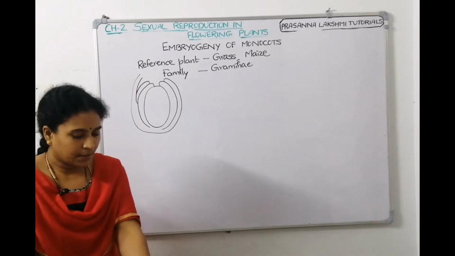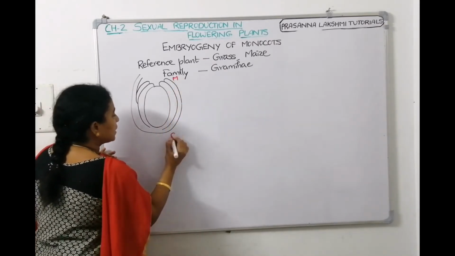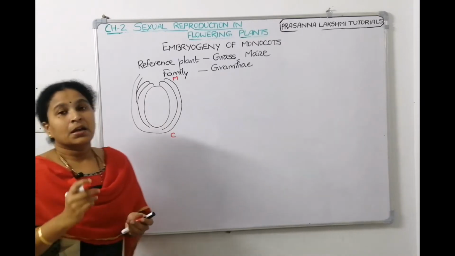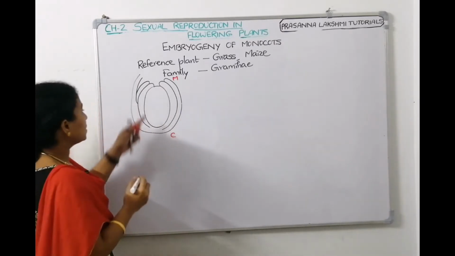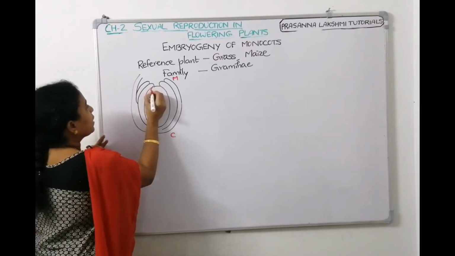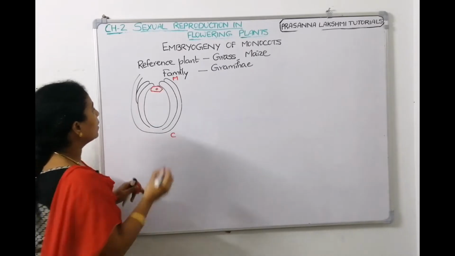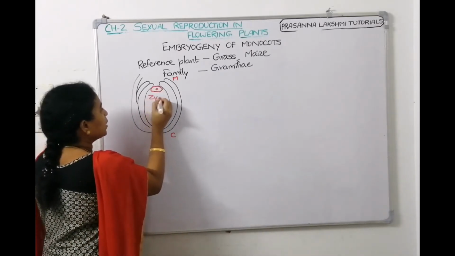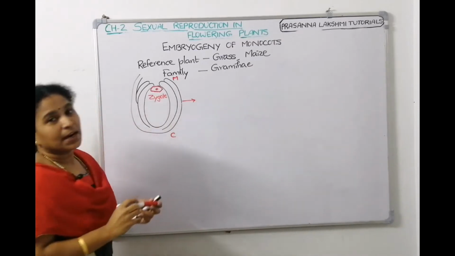Now, this end is the micropylar end and this end is the chalazal end. The embryo develops near the micropylar end, meaning the cell towards the micropylar end will develop into a zygote. This is the zygote. Now, let us take this zygote out and start the development.